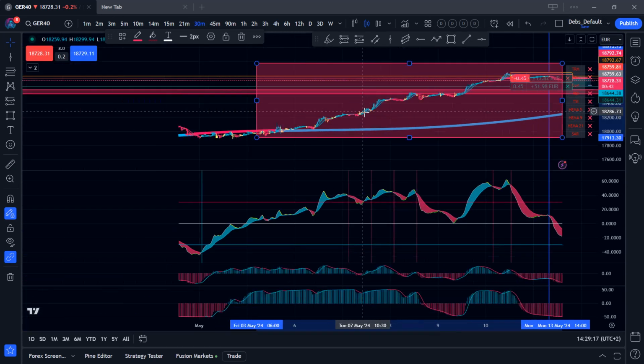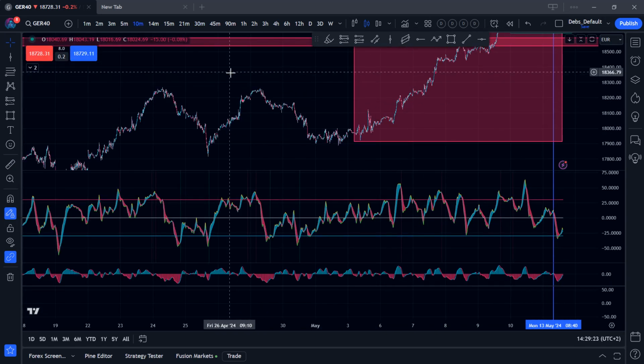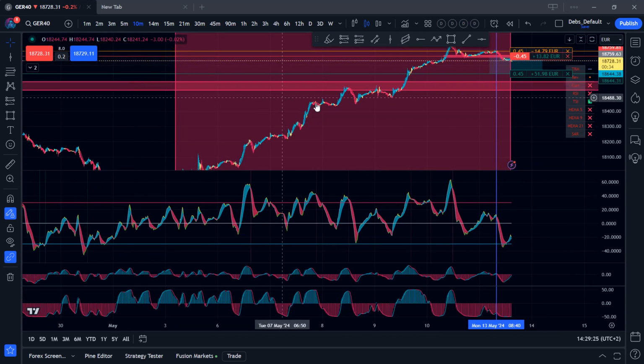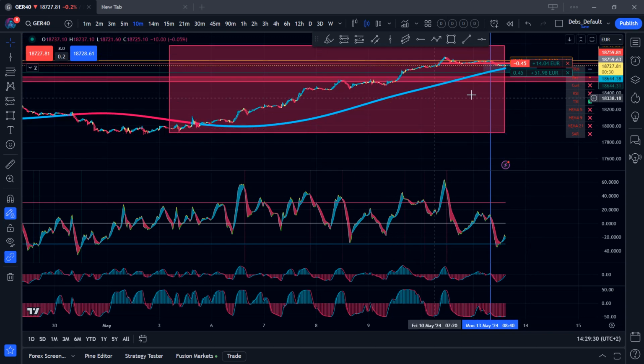You go to a 30-minute and you wait for price to curl, and you can even go to the 10-minute to get an even better entry, because you know that you're trading with the trend, right? So regardless of where you enter, with a good stop loss, you're going to hit.